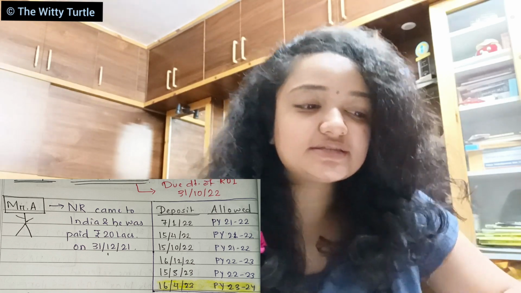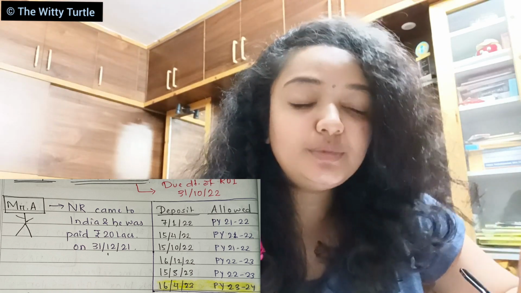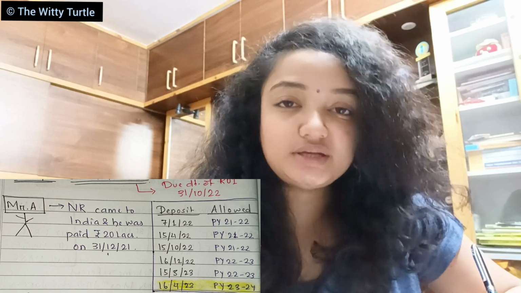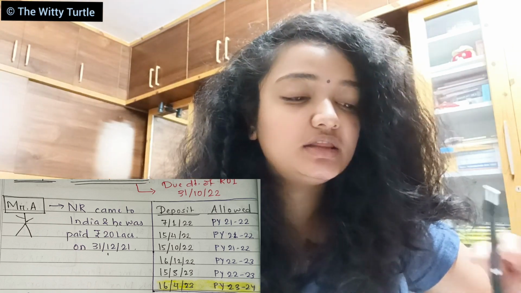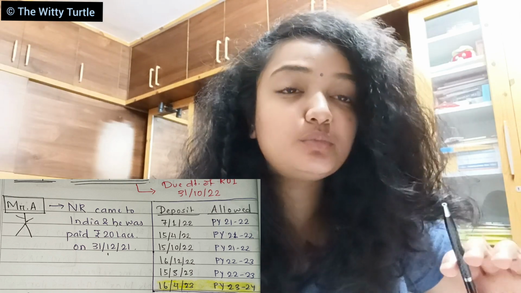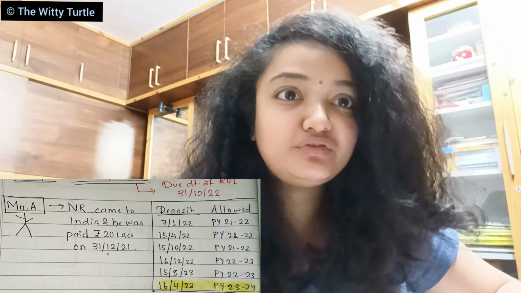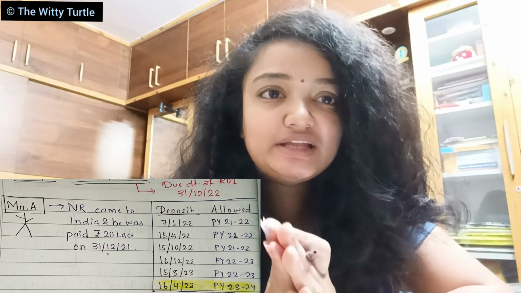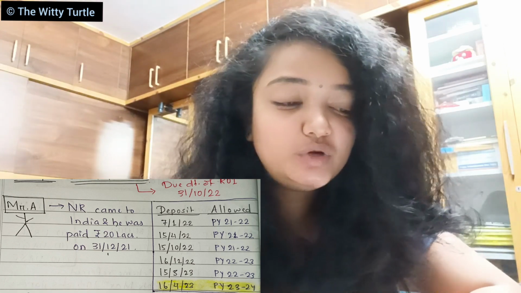So in this, what happens? In which previous year will it be allowed? It will be allowed in the previous year 2021-22, right? Now look at the second case. The TDS was deposited to the government on 15th April 2022, which is before the due date of return filing.